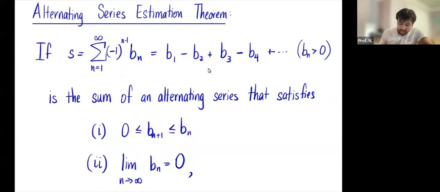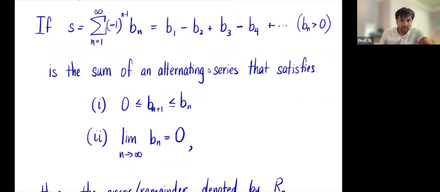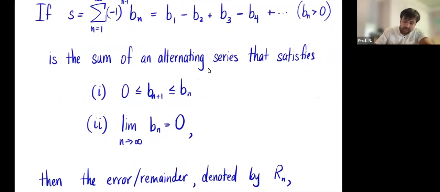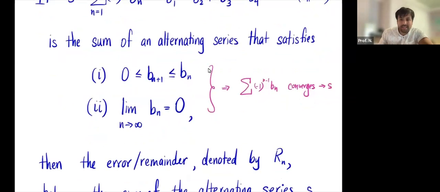And if the limit of said sequence goes to 0, then we know it converges. We know from here that the series negative 1 to the n minus 1 b sub n converges, and it converges to a sum called S.